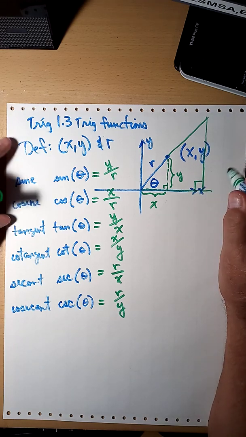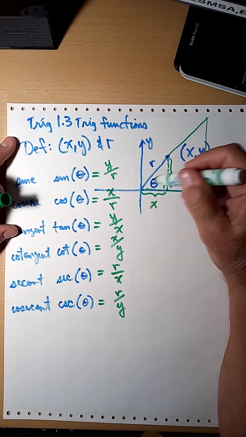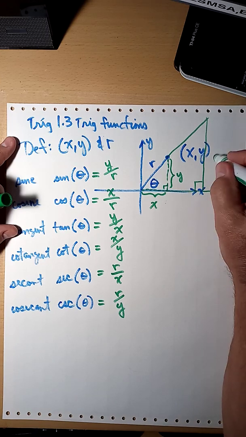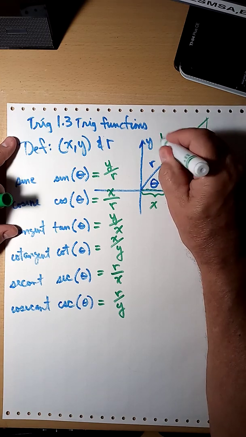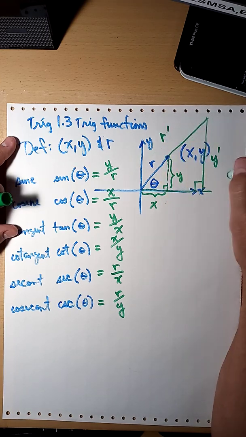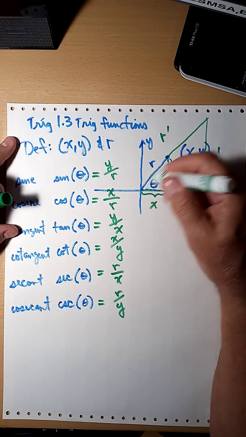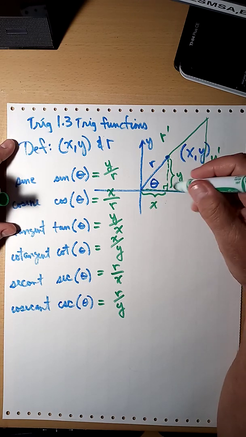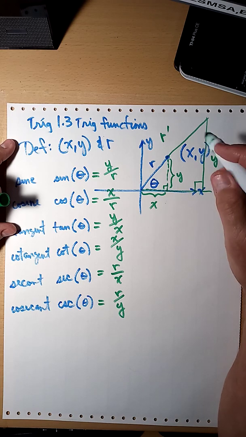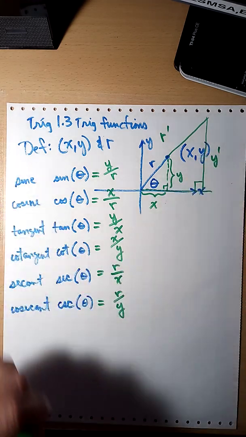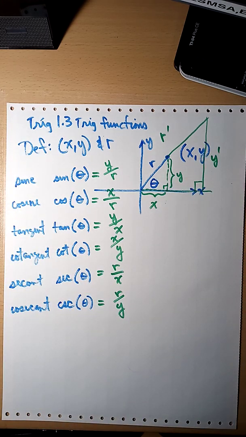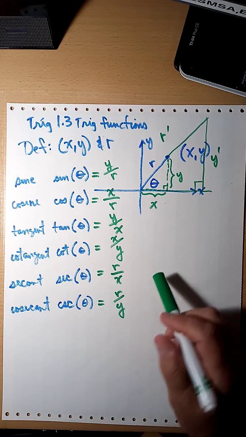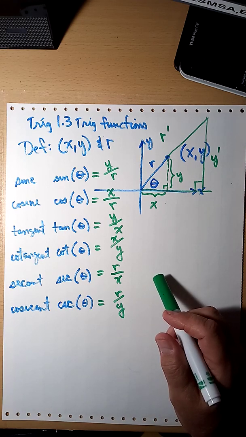If it is similar, the ratio of this now side, call it y prime, to r prime is still going to be the same because these are similar triangles. So it doesn't matter how big or how small the triangle is. If it's a similar triangle, it'll have the same trig value, and that way we don't have to worry about the lengths of the sides. Of course, later on we'll find that's perhaps not going to help in some things.